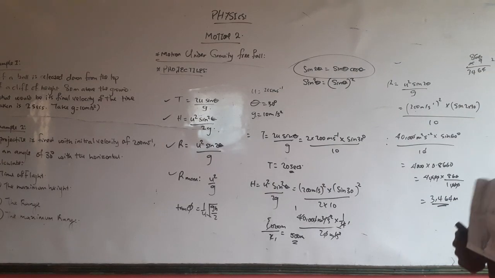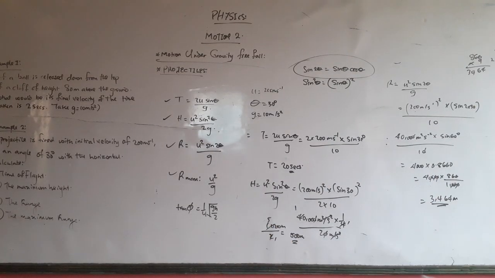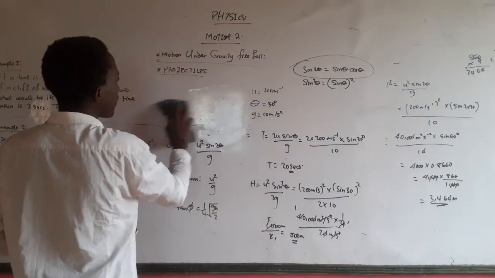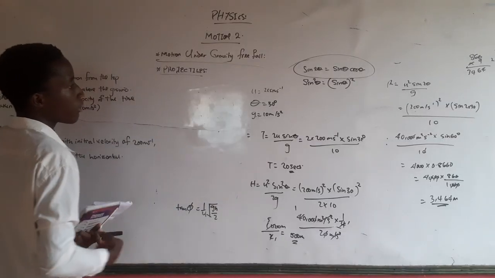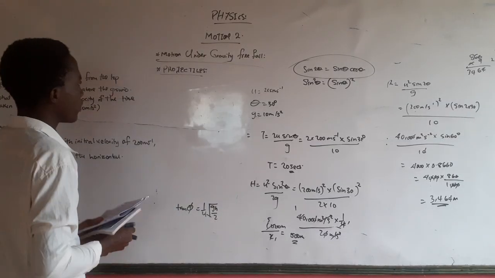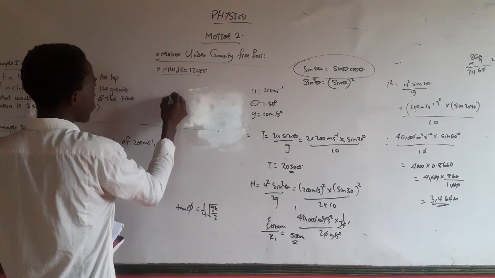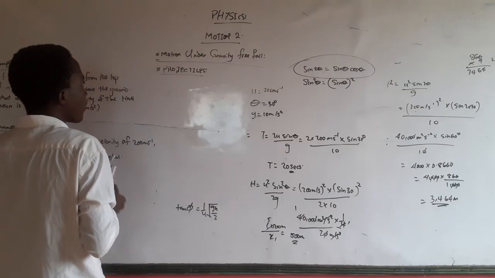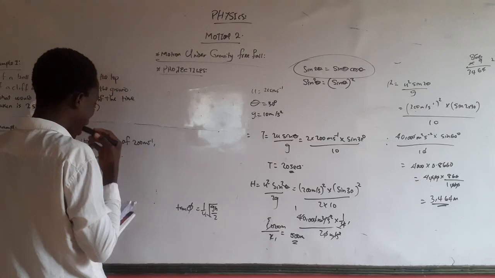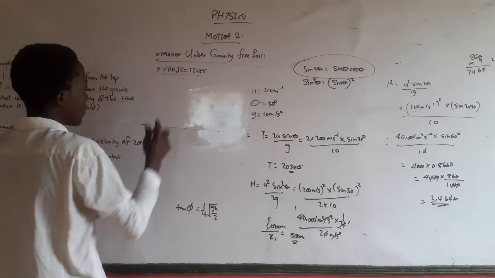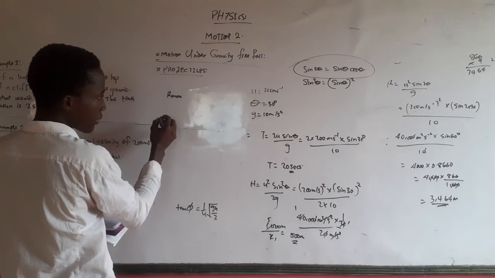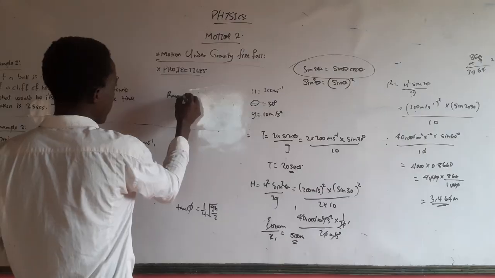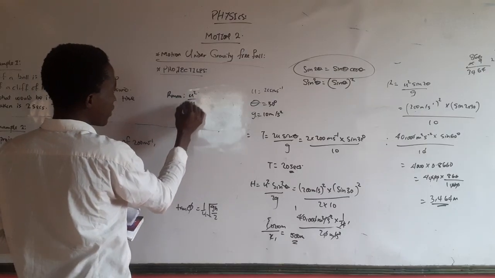Finally, we're going to solve for the maximum range. The R max is given as u squared over g. What's u squared?